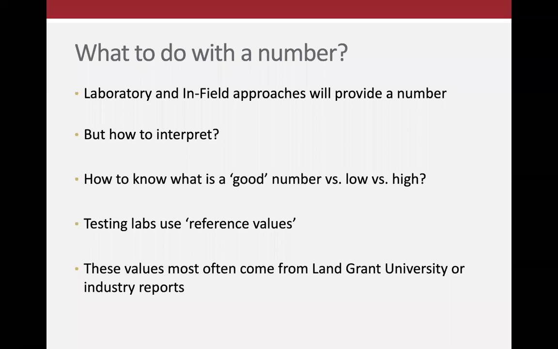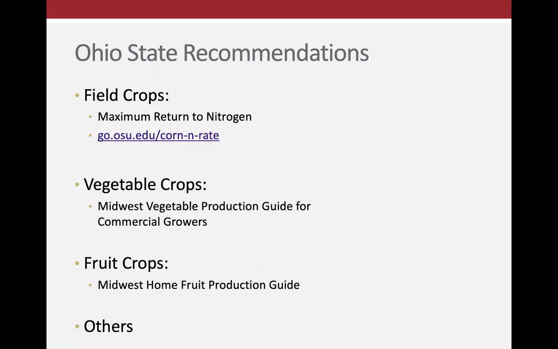So from a practical perspective, thinking about the different recommendations that we have for field crops, vegetable crops, fruit crops, we can talk more about this as we get into some of these nutrients. Ohio State has made recommendations and provided context and done work in determining recommendations. But a lot of people are shocked to see what work has actually gone into something you would think would be very widespread.